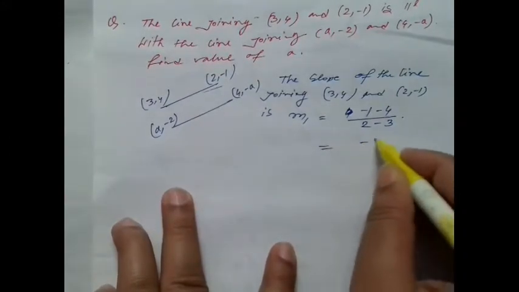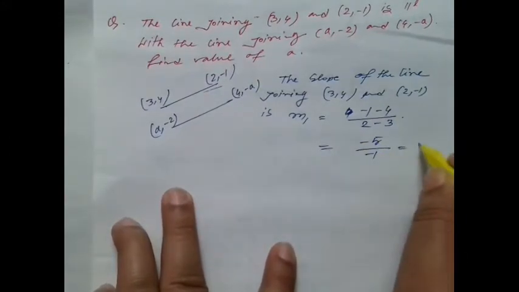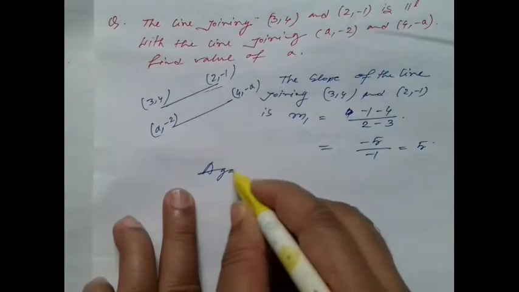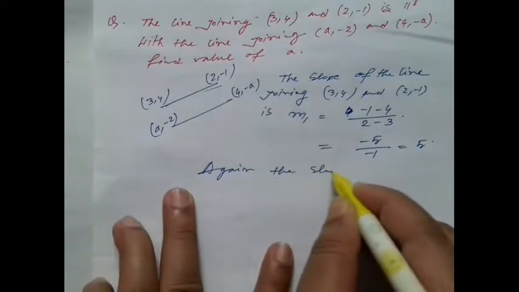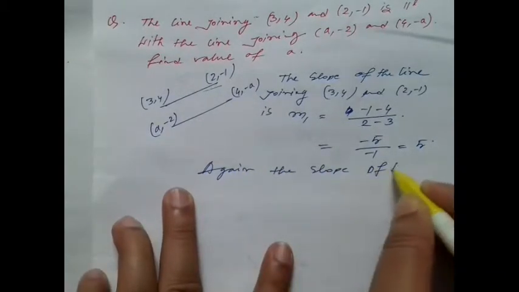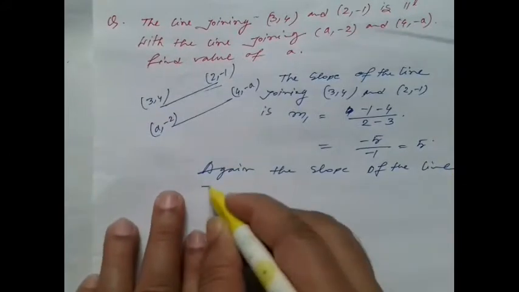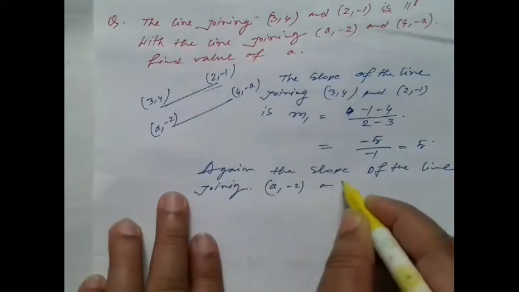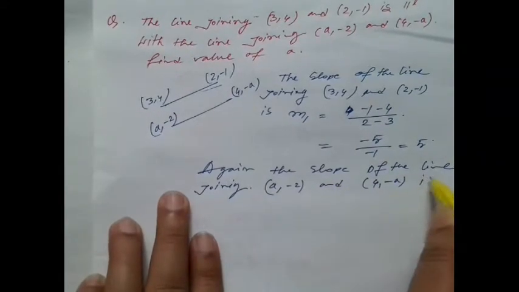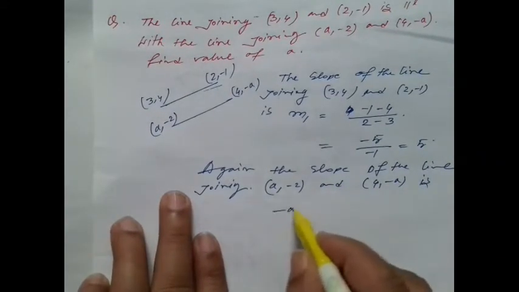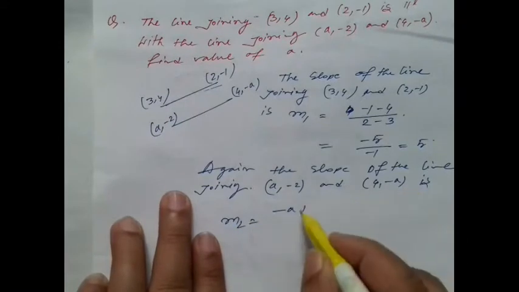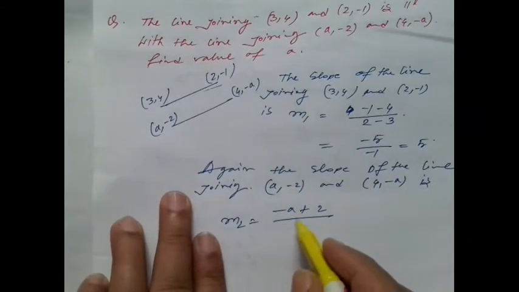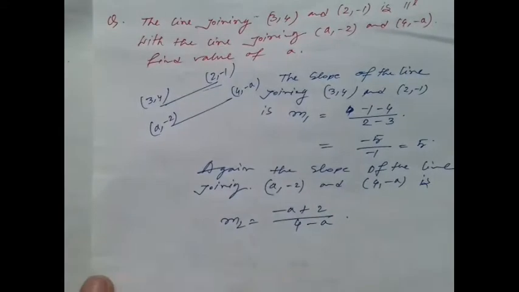That is minus 5 by minus 1 equals 5. Again, the slope of the line joining a, minus 2 and 4, minus a is m2 equals minus a minus of minus 2, meaning plus 2, by 4 minus a.